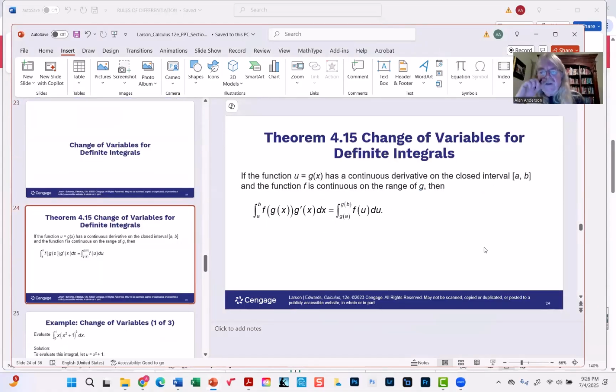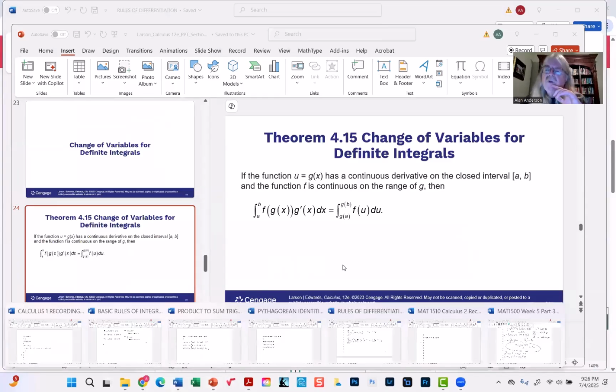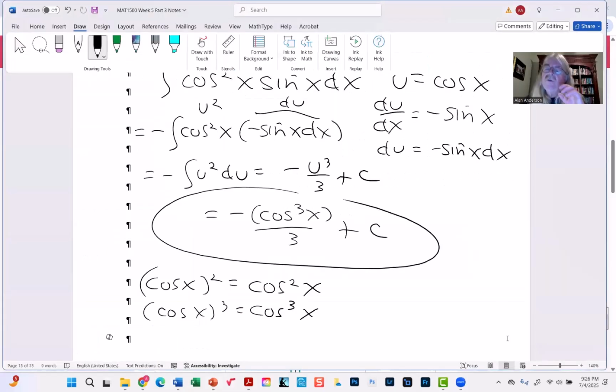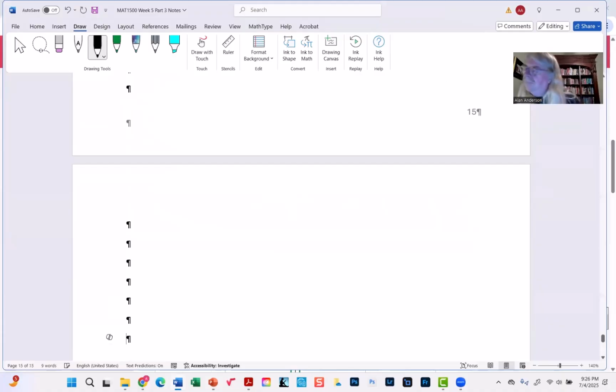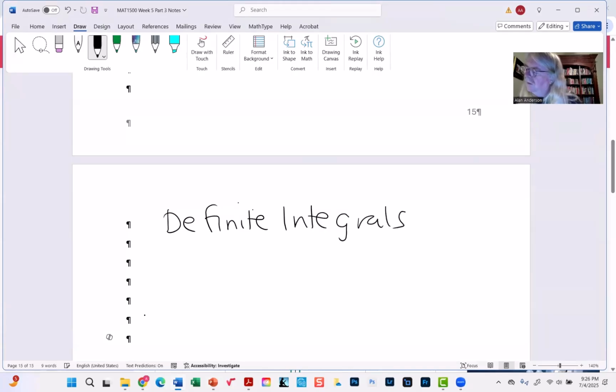Oh, all right. So this is what I started to say earlier. Every one of these cases that we've seen so far was an indefinite integral, meaning we were not looking for a specific value. We were looking for a function plus a constant. Okay, so all of those cases that we just saw were indefinite integrals. But if we want a definite integral, we do have to do one important thing differently.